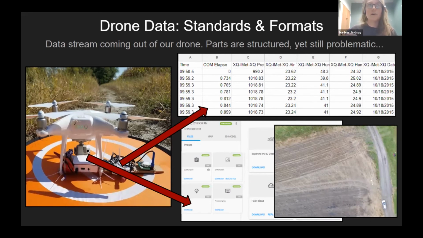So not only is integrating between these data to answer one research question difficult, but especially if these data might be useful to answer multiple questions, or different researchers in different fields might be able to use them, that's still a missing link.